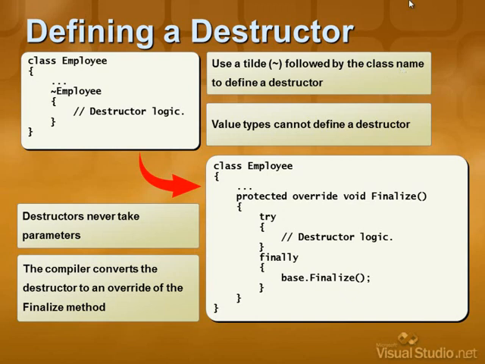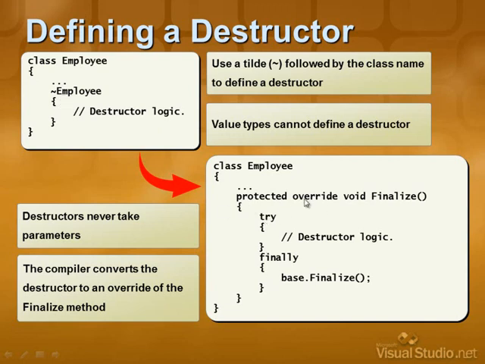Like your C++, if you have a class called employee, you start with the tilde as usual, then the name of it. There is only one destructor. There is nothing called overloading a destructor and other things. That kind of thing is not there. And you write the code here. Now, when you write this destructor, the C# compiler automatically converts this into a step of this type.